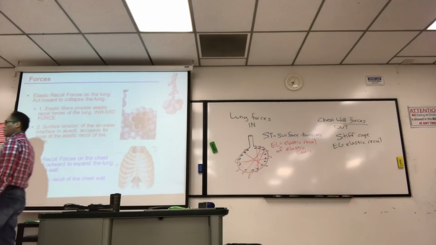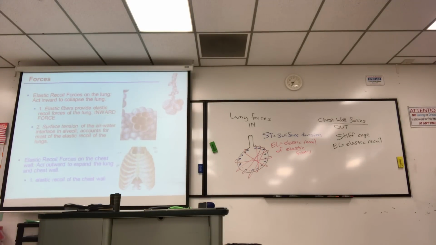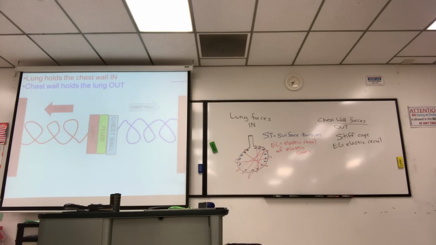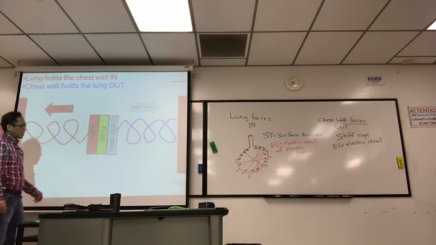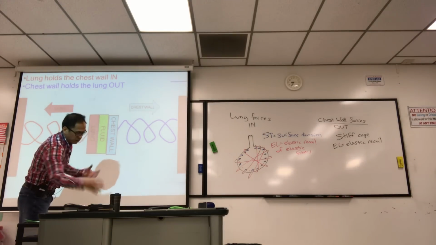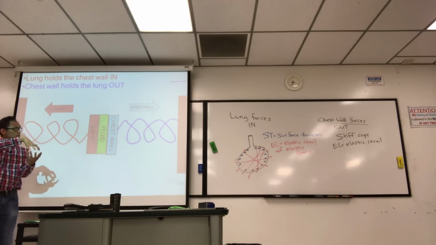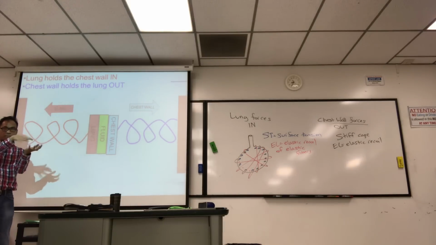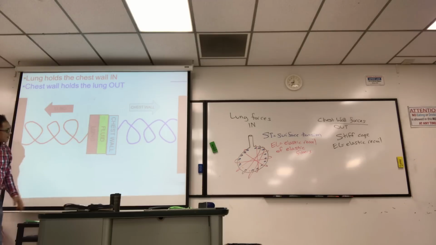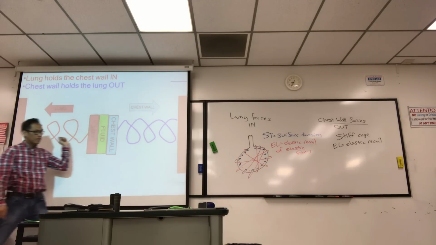So even if you haven't taken physics, that's not hard to understand. Out, in. Well, they're pulling on each other. The analogy has been given, like if you put two glass plates and they're separated, you put a small drop of water on one, then put the two glass plates on top of each other, you can slide them back and forth, but when you try to separate the glass plates, that little bit of liquid keeps them stuck, just like this. And imagine a spring on either side, one's pulling in and the other's pulling out.